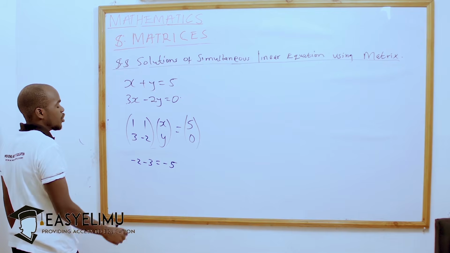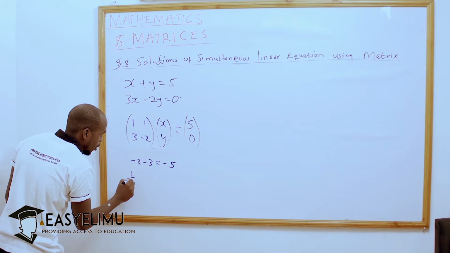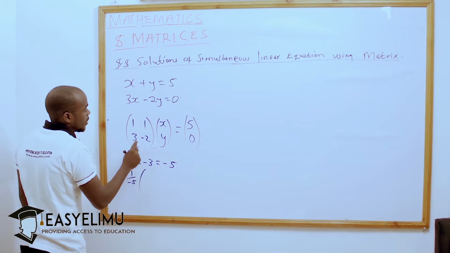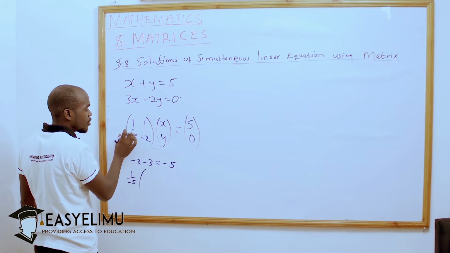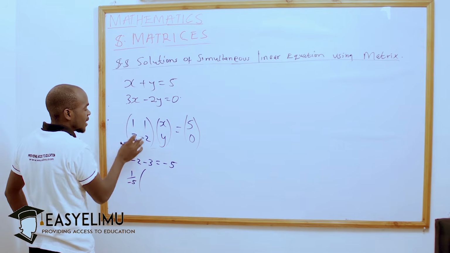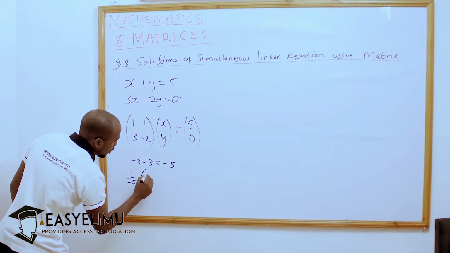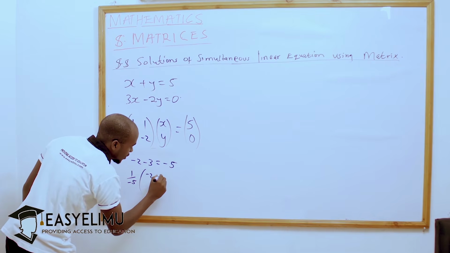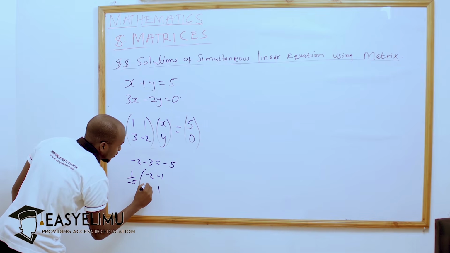If you do that, you are going to get negative 5. So for the inverse, you find 1 over the determinant, which is 1 over negative 5. And then whatever is in the matrix of coefficients, you just interchange the leading diagonal, so it will be negative 2, 1. And the other diagonal, you change the sign, so it's negative 1, negative 3.